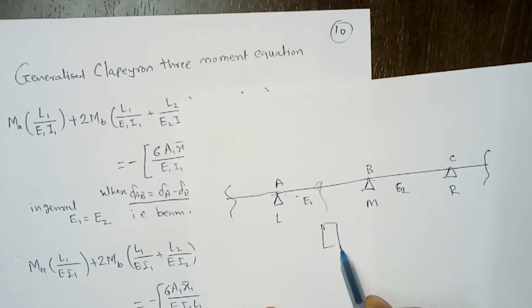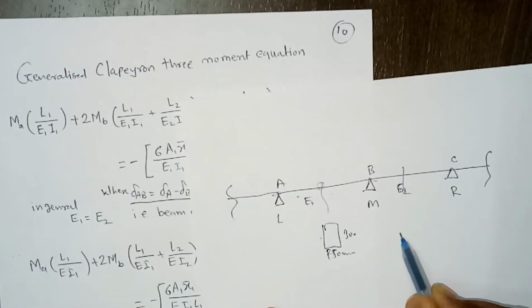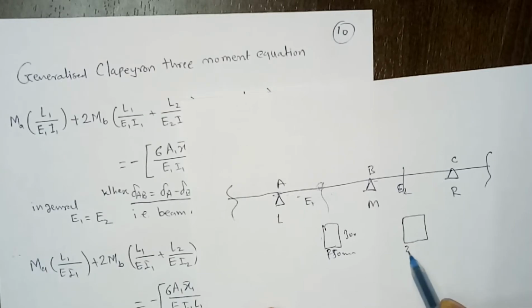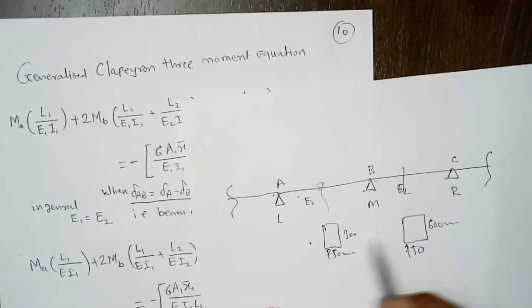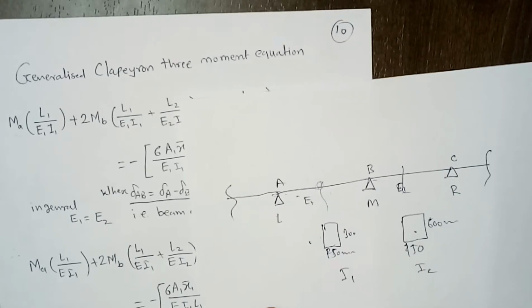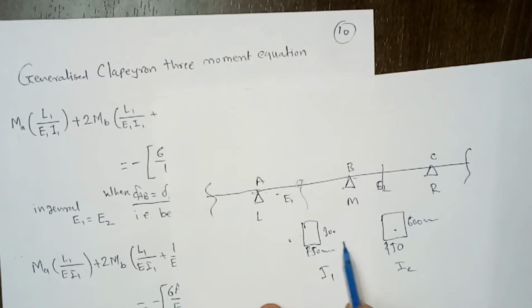So say the cross section of this span has 150 mm width and 300, and here say it is 150 into maybe 600 mm. So if cross section areas are different, then definitely the moment of inertia of these two spans will change.